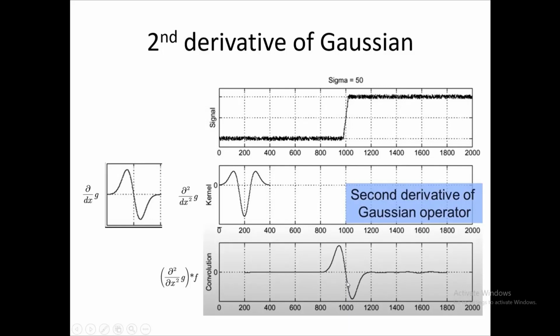We just have to find any place where the value is 0 and nearby there is a strong gradient, and we obtain this by using the second derivative of Gaussian operator.